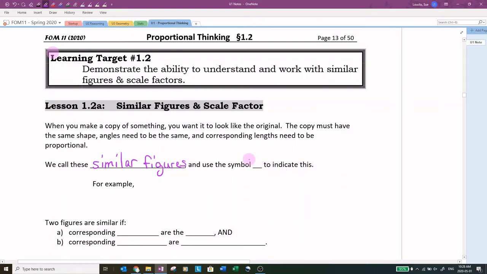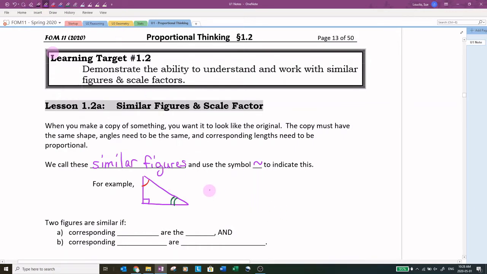And we use this symbol, it's called a tilde, a little squiggly line, to indicate that figures are similar. So for example, I'm going to draw a triangle here that's got a right angle in one corner, and it's got an angle of certain size in that corner and an angle of a different size in this corner.